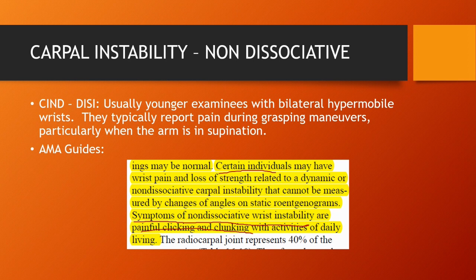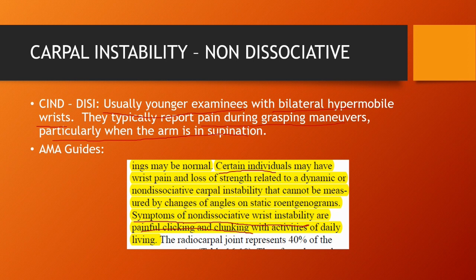So these are examinees who are going to complain of wrist pain, wrist clicking, wrist clunking, pain with grasping maneuvers, particularly when the arm is in supination. Now, in the literature, the typical examinee who presents with a non-dissociative carpal instability are usually younger examinees with bilateral hypermobile wrists. In other words, they have ligamentous laxity at the wrist.